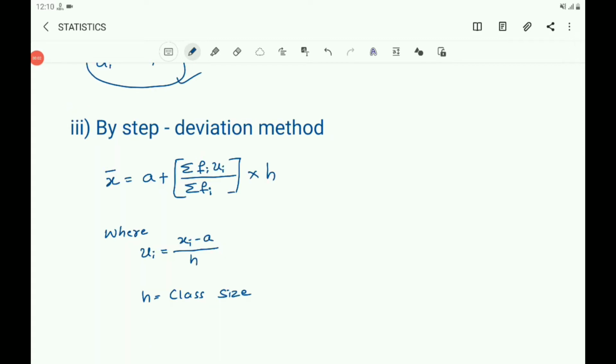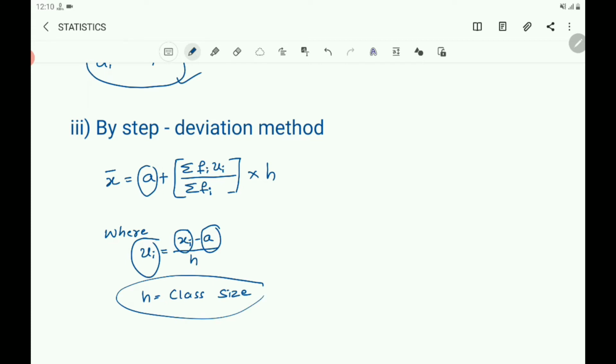In the step deviation method, we assume the mean and next we get ui by using the formula xi minus a by h, where a is the assumed mean, xi is the observation, which is also the class mark, and h is the class size.